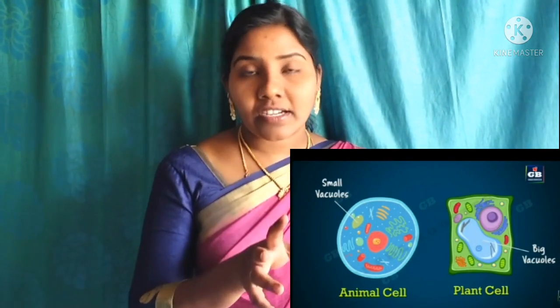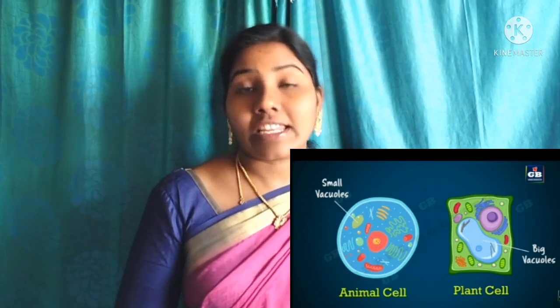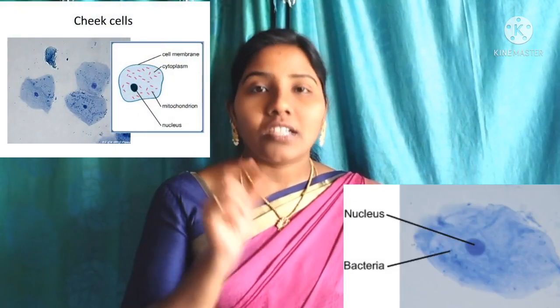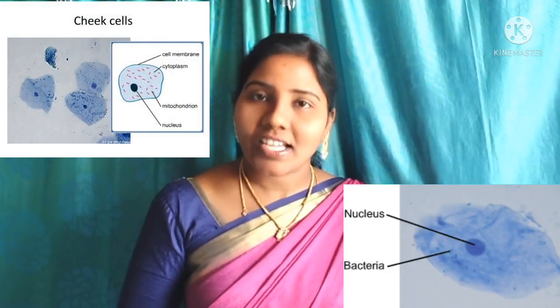In plant cells, the nucleus is at the center and the vacuoles are very big in size. Compared to animal cells, the nucleus is present and the vacuoles are very small in size. So at the end of this activity, we can observe the dark colored spots as the nucleus.